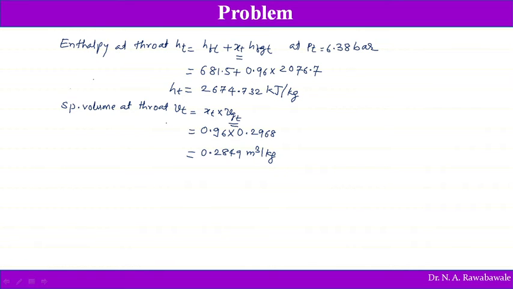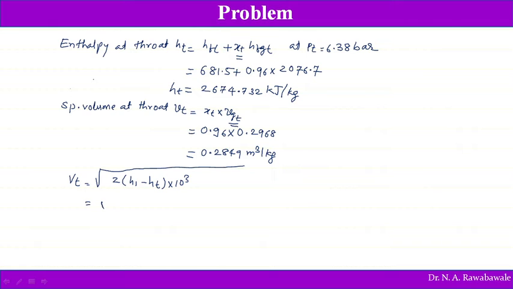We know specific volume vt, we know Ht, so we can find out velocity at throat. Velocity at throat is given by square root of 2 into h1 minus ht into 10 to the power of 3.